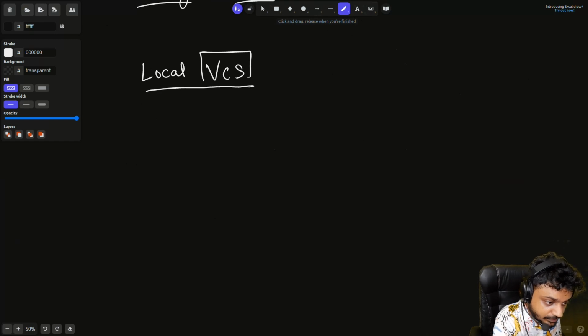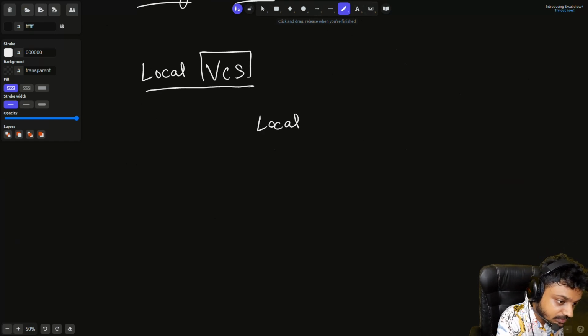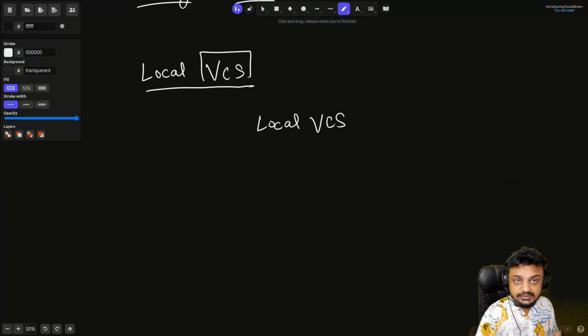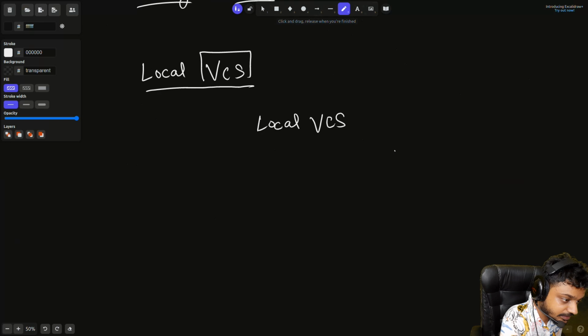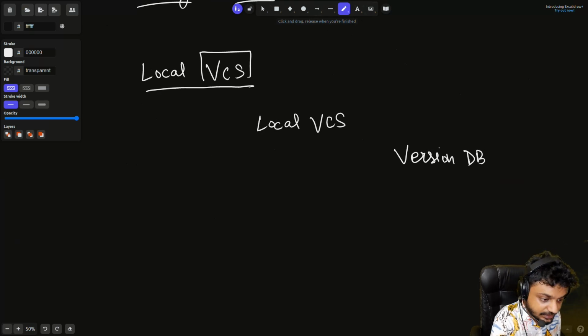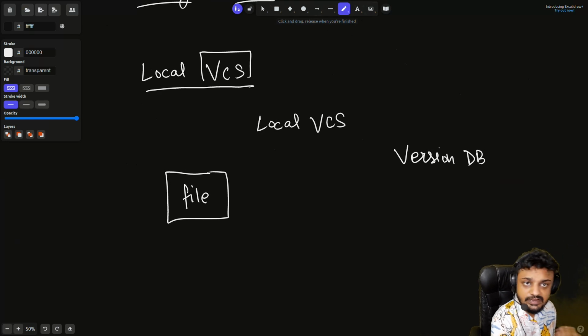So if I talk about a local VCS, right? The way it used to work, it had the version DB to maintain what version is currently there for the file, right? Let's say this is one file, right? It's going to have multiple versions.